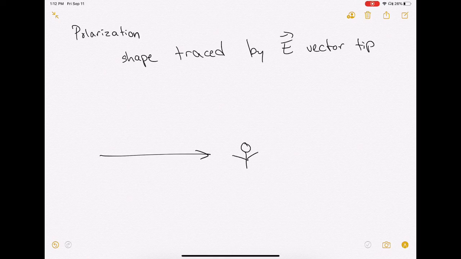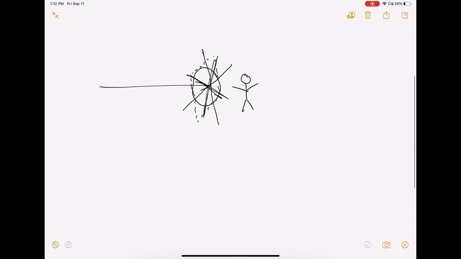So if I'm standing here and the wave is propagating towards me, and I look at a slice of the wave perpendicular to the direction of propagation, like that, what shape does the electric field vector trace out on that plane? Whatever shape that is, that's the polarization.